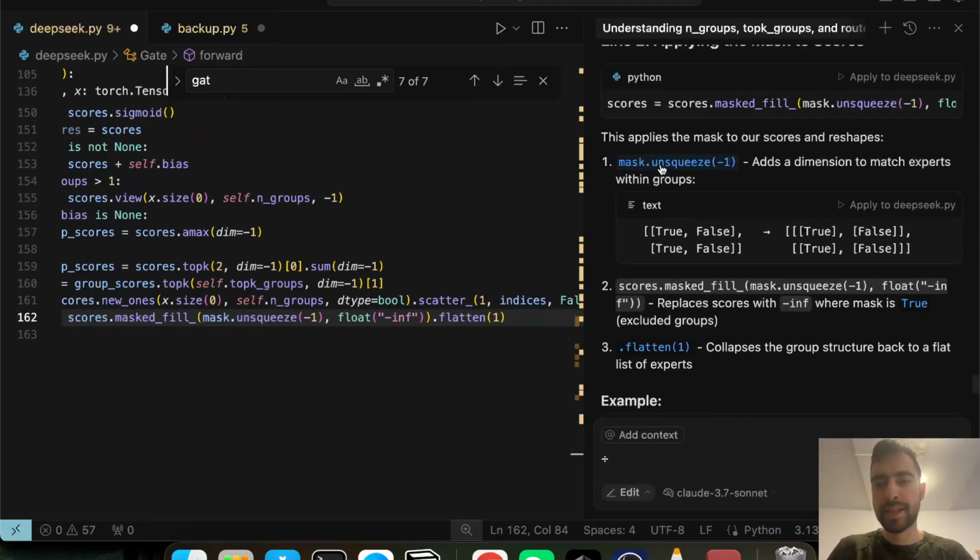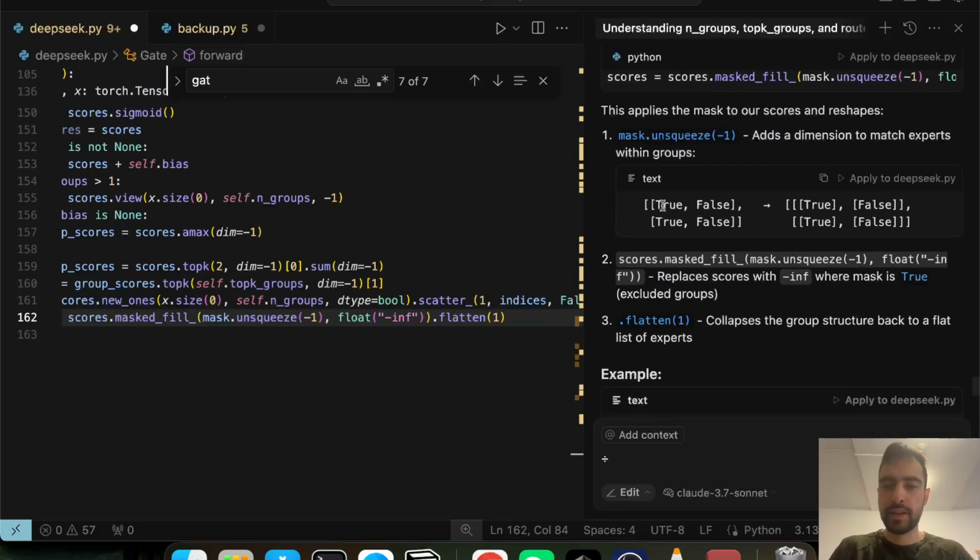So here mask unsqueeze -1 adds a dimension to match experts within groups. So this is saying, for example, exclude true for this group, and then it will actually be converted to this. There will be one more dimension, and this will say exclude true for each expert individually, and exclude false for each expert individually in this group for this token.